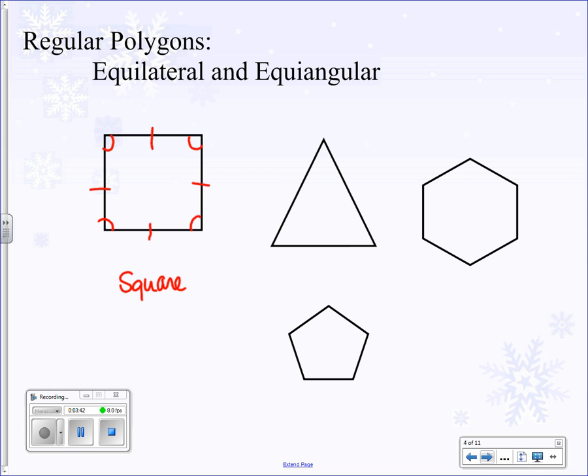We have an equilateral triangle here that could also be described as equiangular, an equilateral pentagon, and an equiangular pentagon, so we'll call that a regular pentagon, as well as a regular hexagon here. So what we're going to be looking for are the measures of angles in regular polygons in just a few minutes.